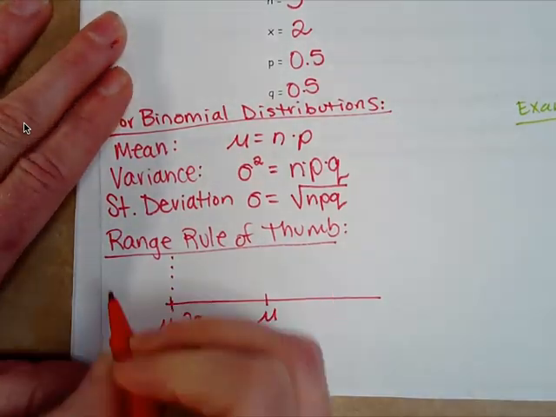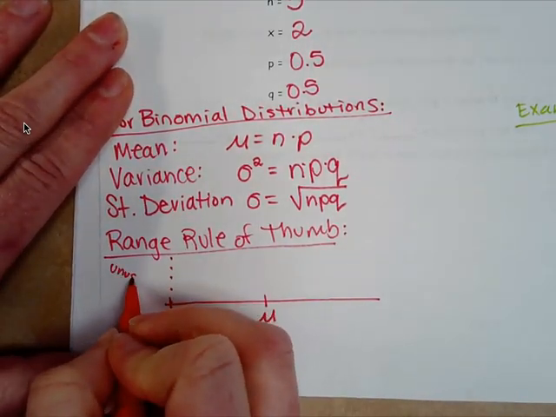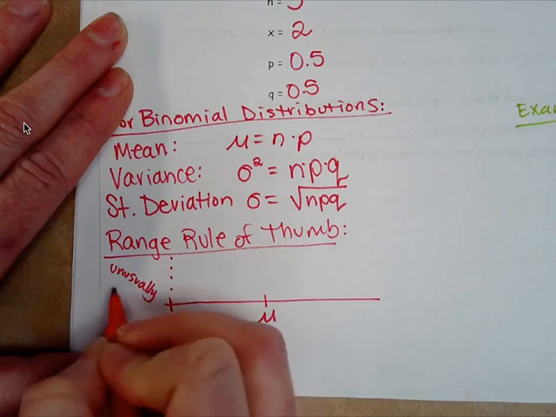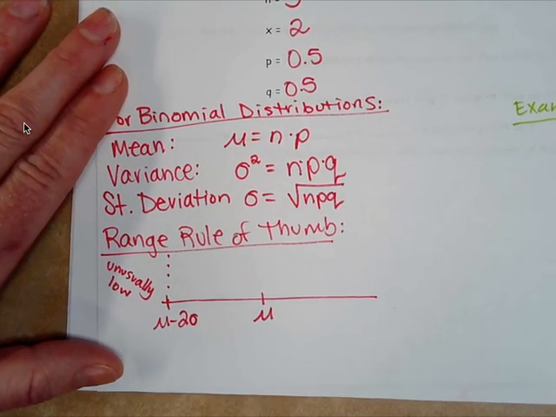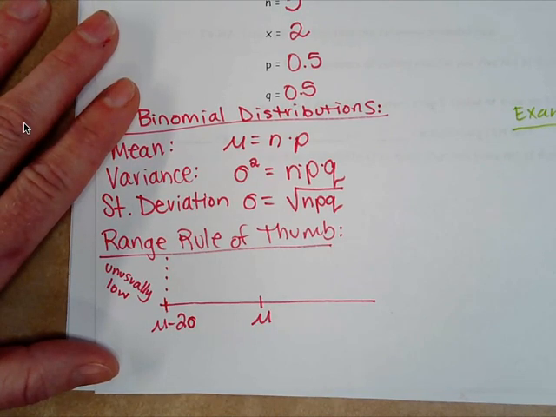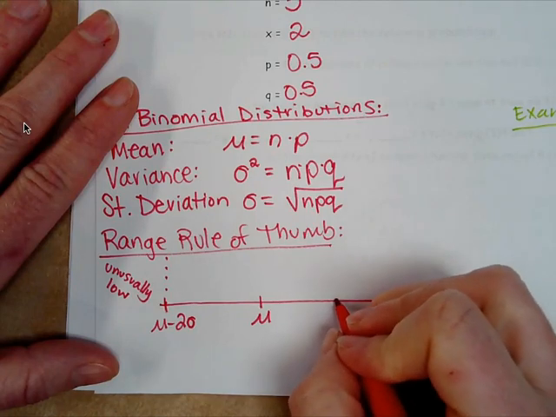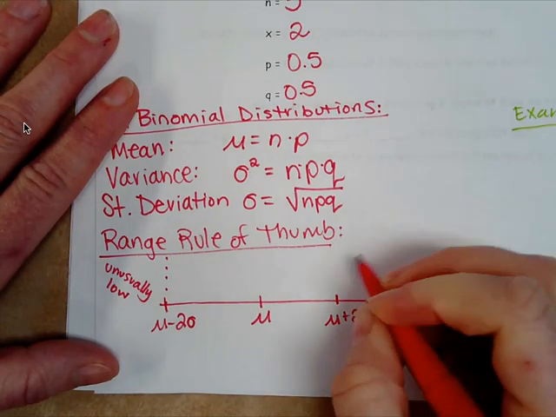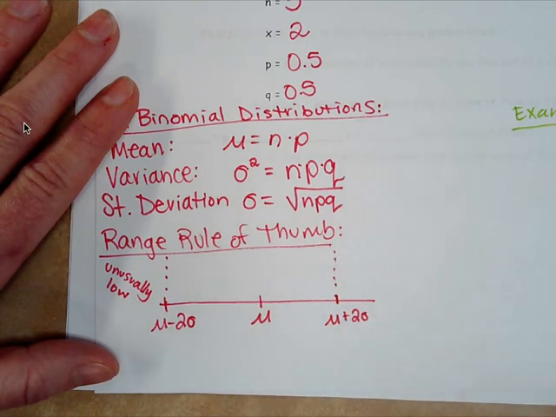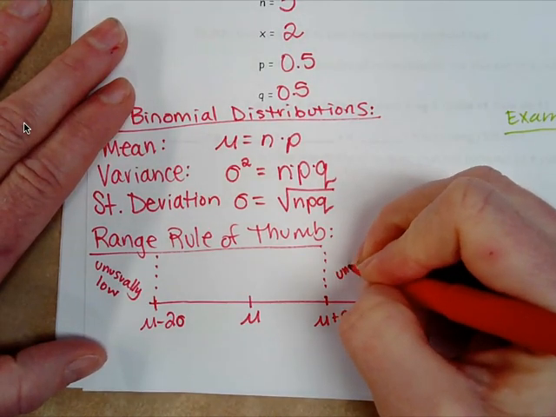These are unusually low or significantly low. And then mu plus 2 sigma. So you're doing 2 standard deviations above the mean. That's considered unusually high.